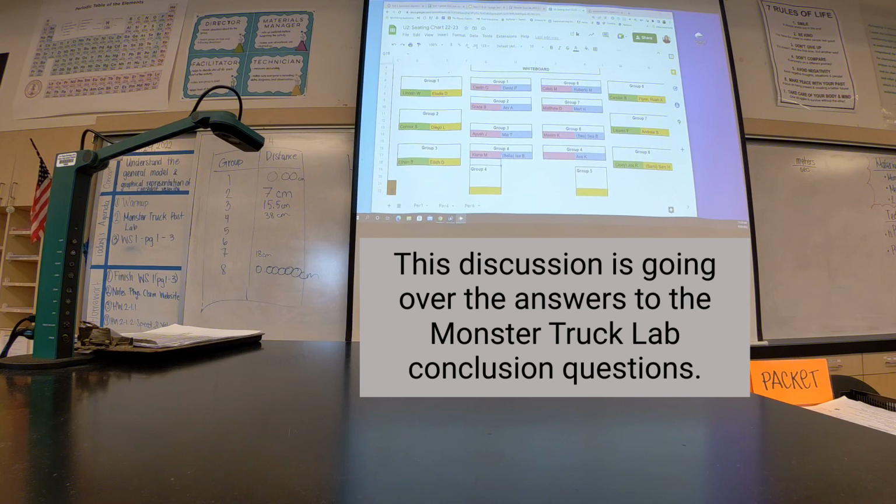Let's move on to the general model. We did 1, 2, and 3 simply because I wanted you to get set up for the general model. So let's have group number 4 come up here.